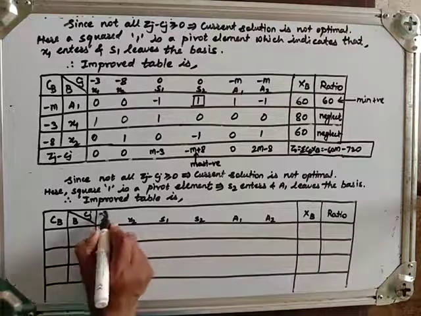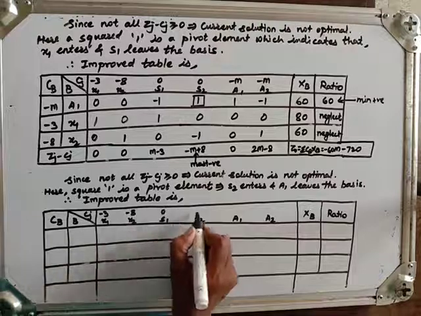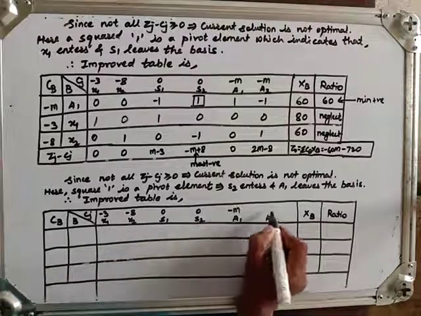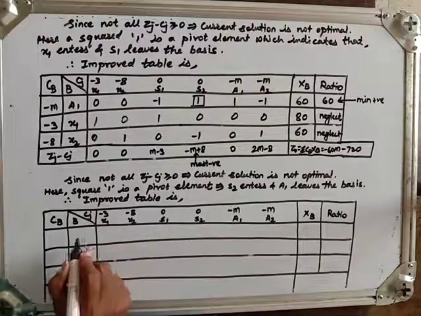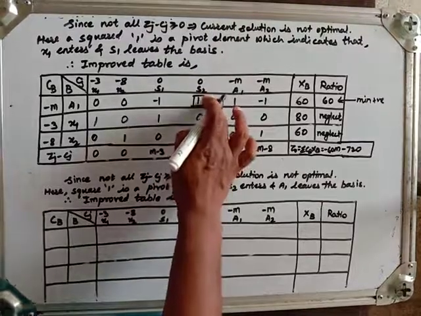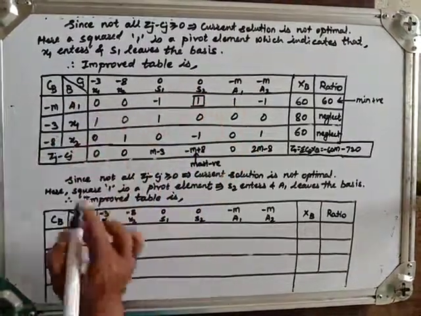Now minus 3, minus 8, 0, 0, minus M, minus M. So now here this 1 is a pivot element, so A1 leaves and S2 enters.